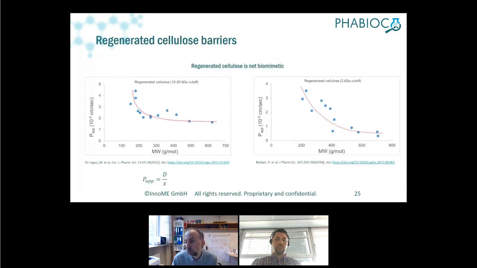And the last barrier I want to discuss and focus on is the so-called regenerated cellulose barrier, or the dialysis barrier. In the literature, there are some reports of permeability studies that are performed with this kind of barrier. My understanding is that these barriers are not biomimetic barriers.